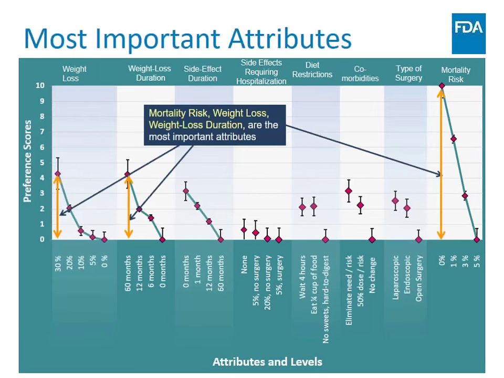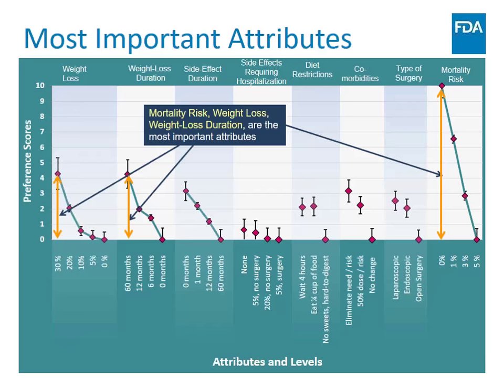So next, I also want to tell you that these different preference scores are not only useful for comparing different levels within an attribute, they can also be used to compare the relative importance of different attributes. Here we see that the range of the preference score for mortality risk is from 0 to 10.